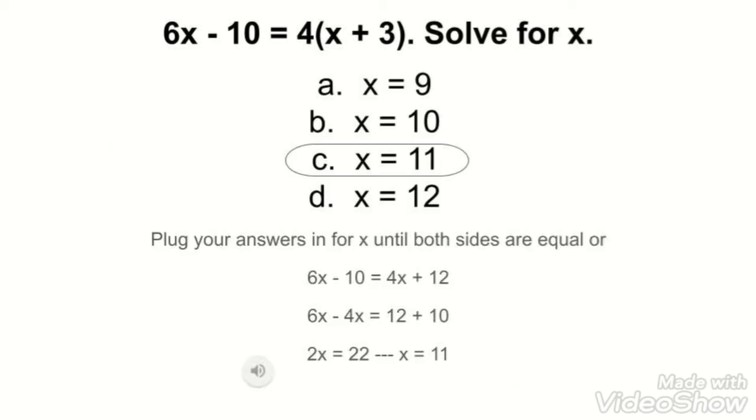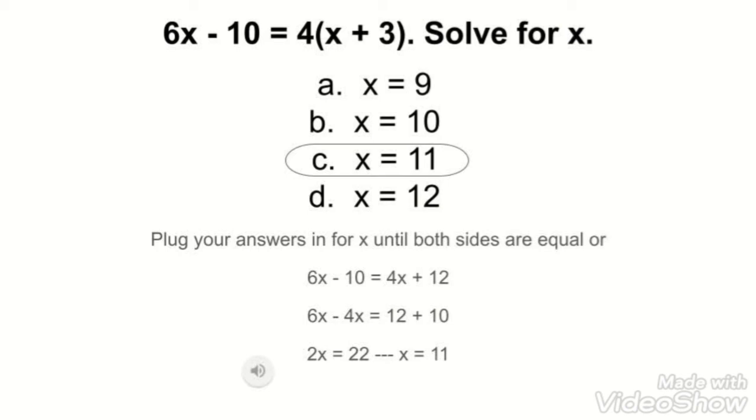Now, before I get to the 2X equals 22 and then X equals 11, sometimes if you have these multiple choice answers and you don't really feel like going through all of that, you can just go ahead and plug the answers into the problem at the top.